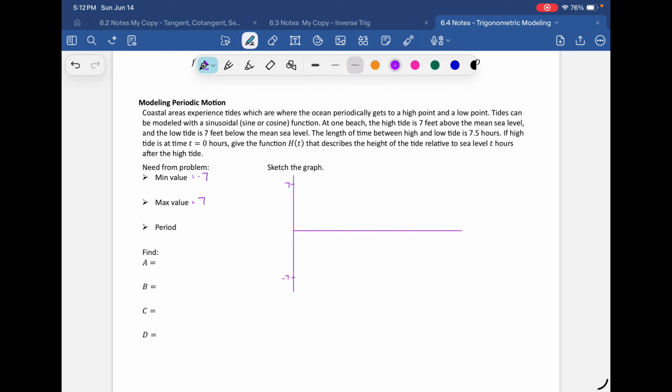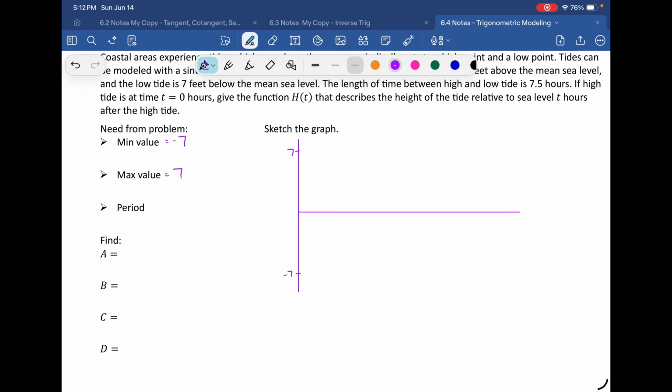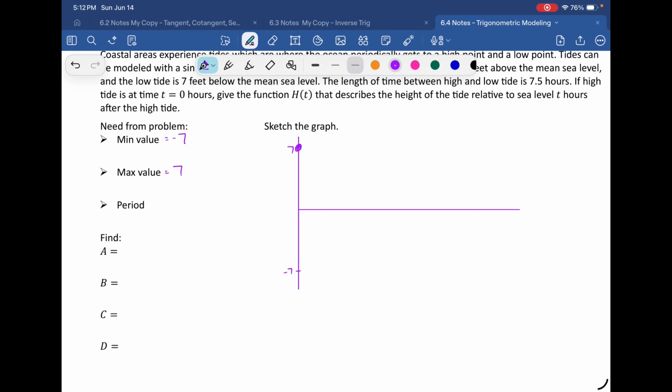I know the length of time between high and low is 7.5, but I'm going to show you how I get the period from that. So high tide is at time equals 0 hours. I don't know the time spread yet, but I do know I'm going to have a high, mid, low, mid, high.